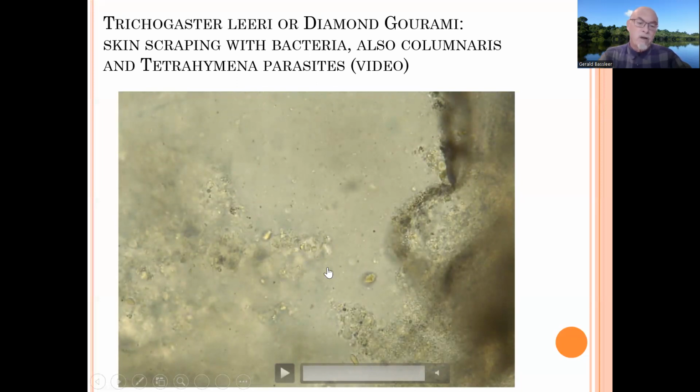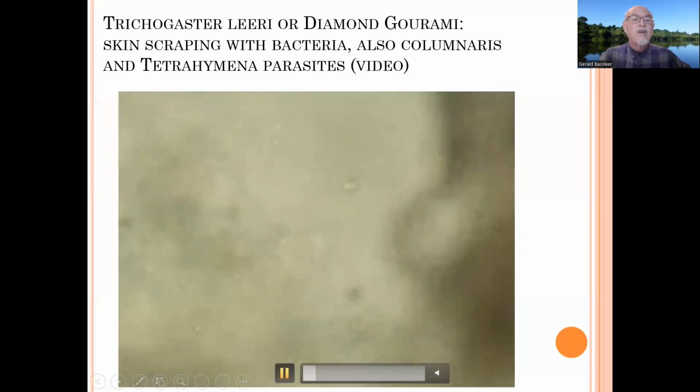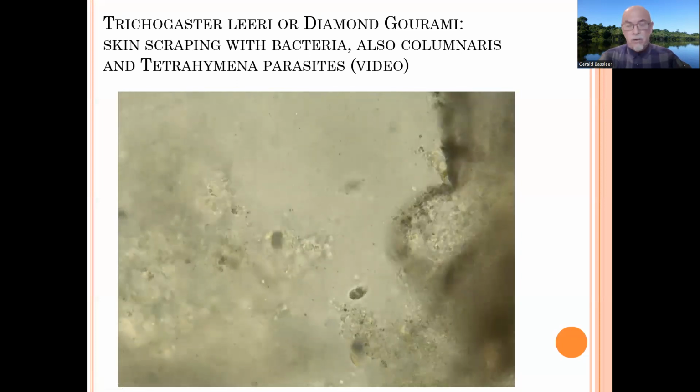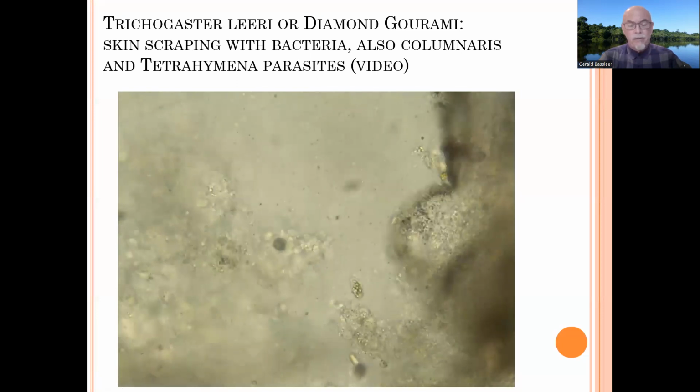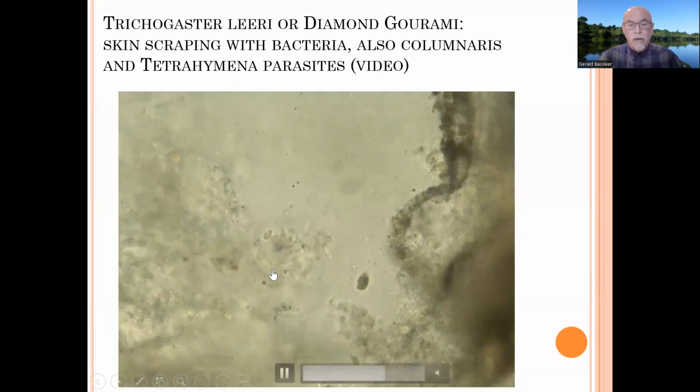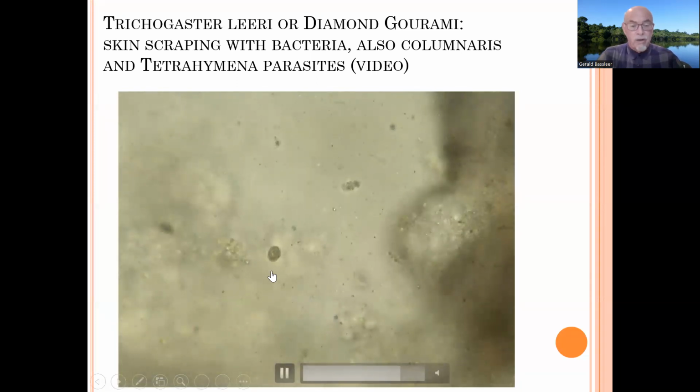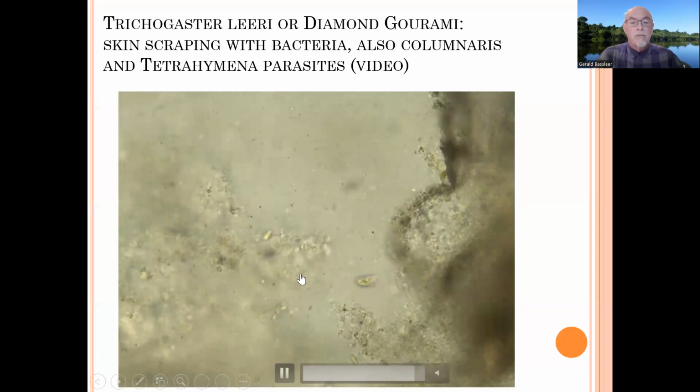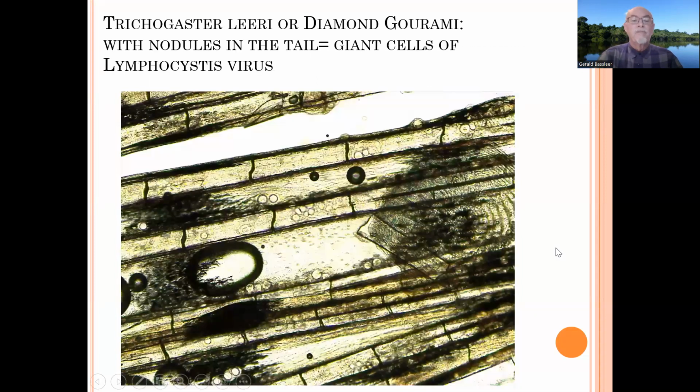And then the Tetrahymena parasites, let me show you again, are usually secondary invaders because they live on necrotic tissue, they live on dead fish. You will find them all over when your fish are dying in the fish tank. They're just cleaners. They're like vultures cleaning up the dead animals. So they also go on the dead, necrotic tissue of the fish.